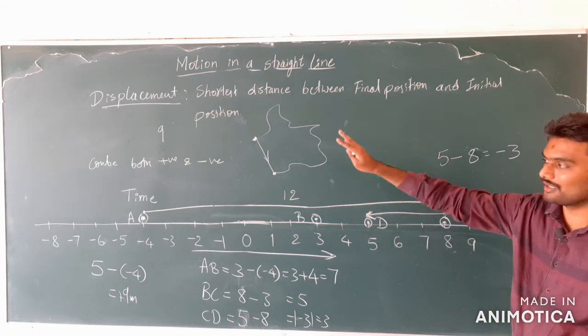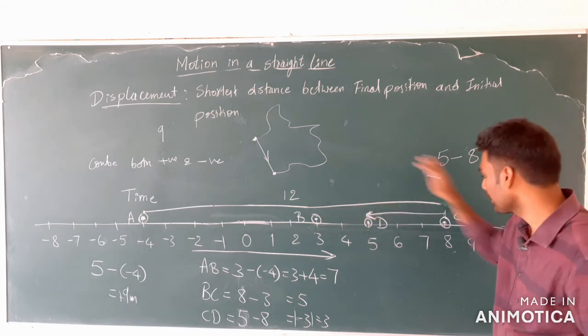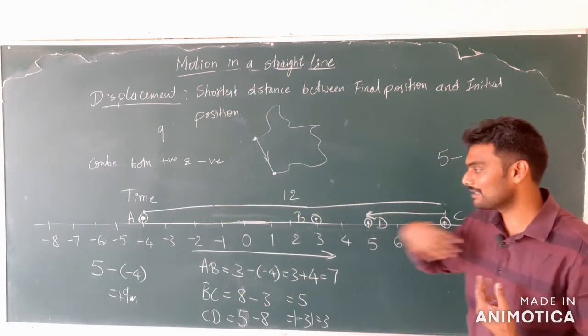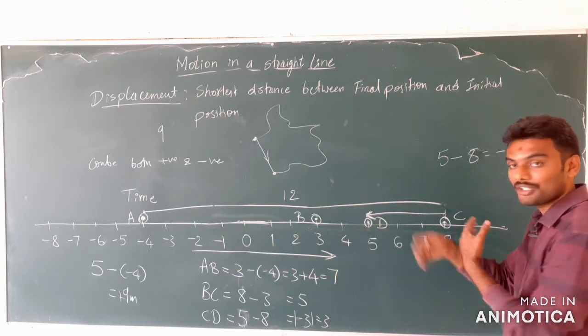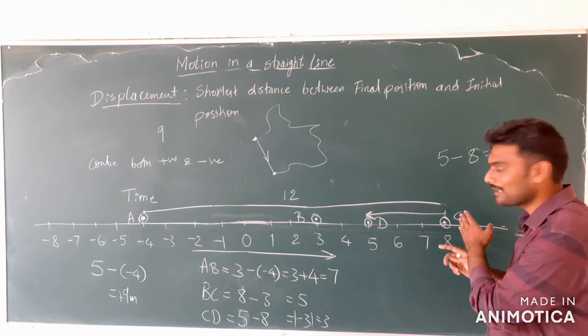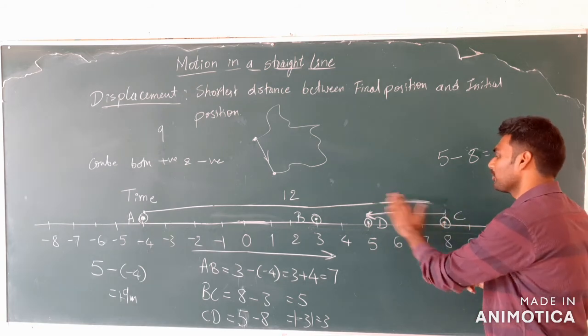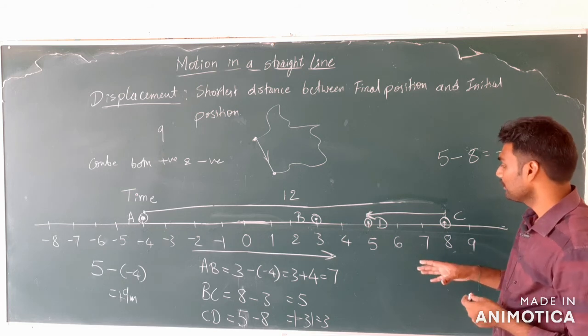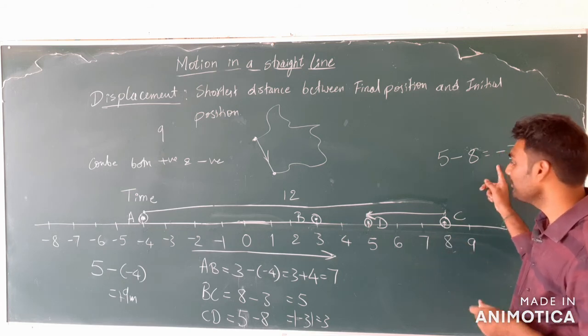That part is done, don't worry about it. For A, B, C, D, it is done there. But now I have considered one more example, one more motion, where the body starts at C, ends at D. No other motion is considered. For this motion, displacement is minus 3 meter.